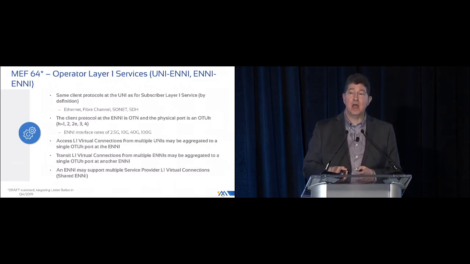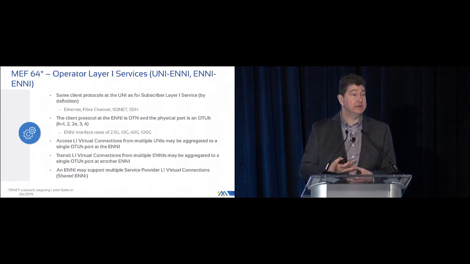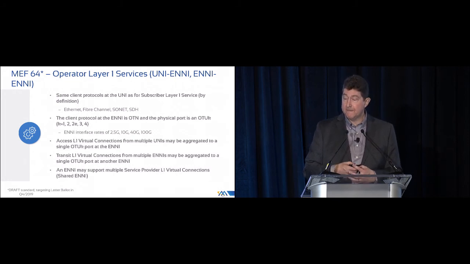At the ENNI, we've defined an OTN handoff using the ODU-k rates of 2.5, 10, 40, and 100 gig. So within an access network, you could aggregate access L1 VCs from multiple UNIs, multiple locations, to a single port handoff at an ENNI.